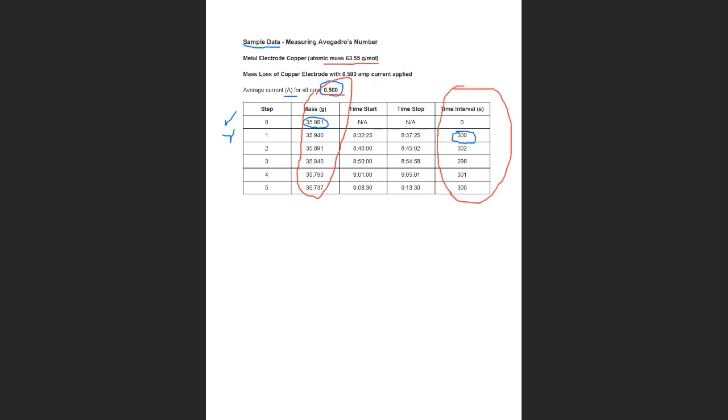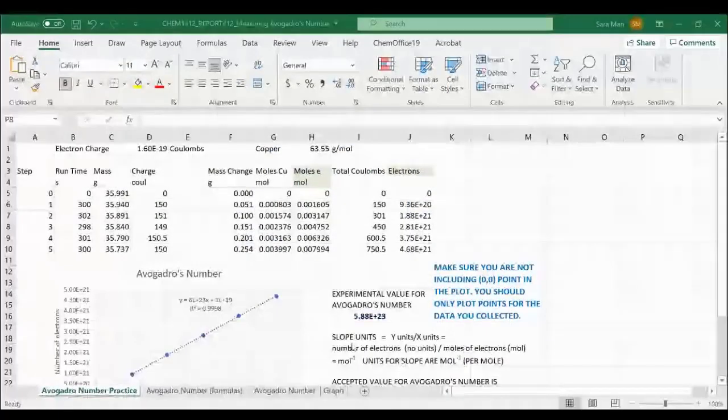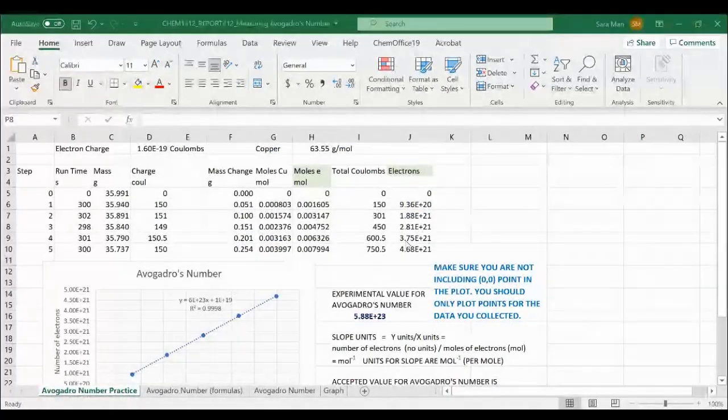So now that you are going to bring all that data to the Excel sheet, I want to share my Excel sheet. Very good. I hope everybody can see this page. Let me see if you can see my Excel sheet.